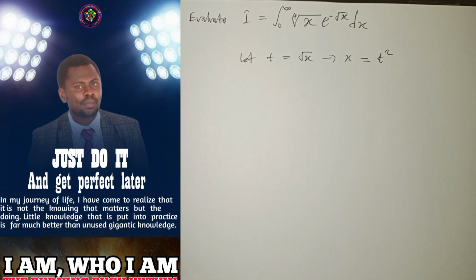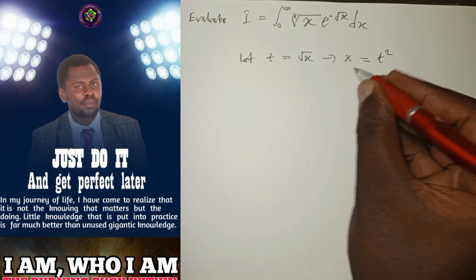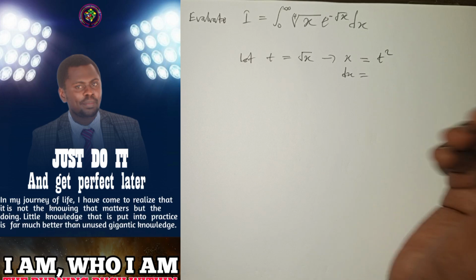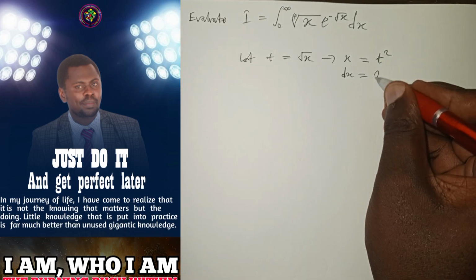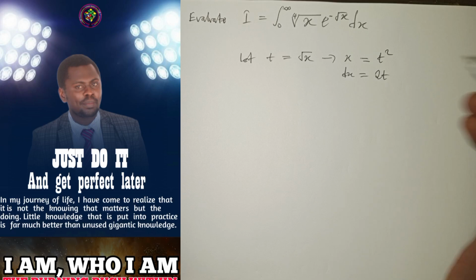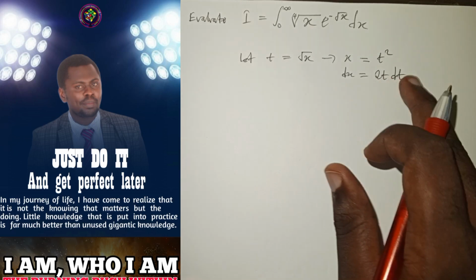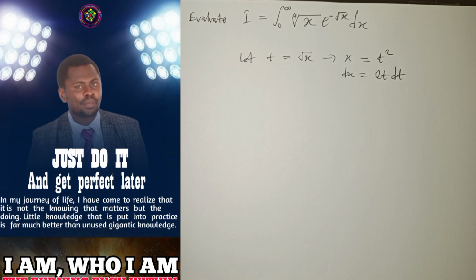Then we find dx. So dx is equal to the derivative of t squared, which is 2t, with respect to t, so multiply by dt. So where there is dx, we are going to put 2t dt. And where there is square root of x, we put a t.